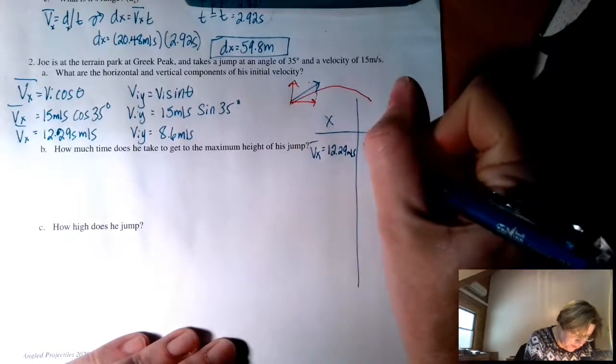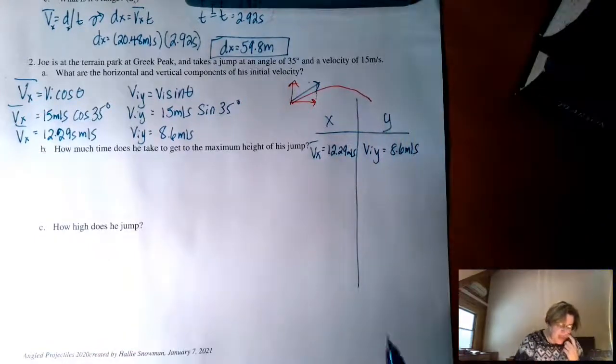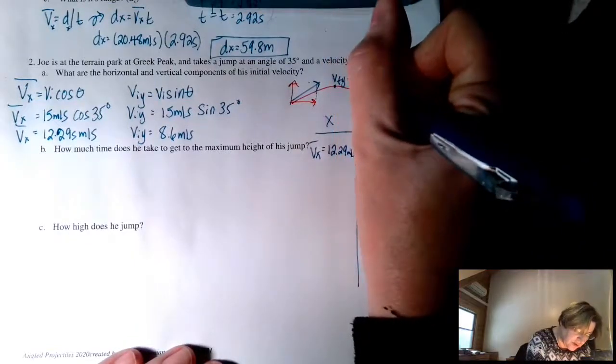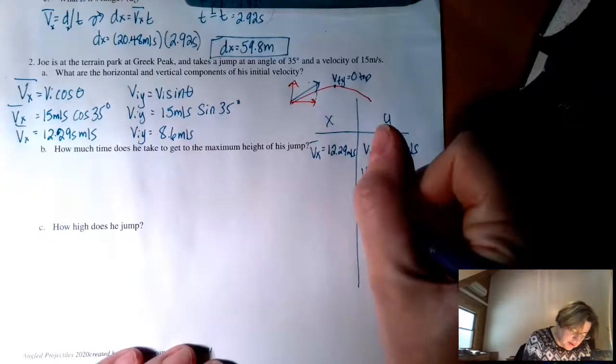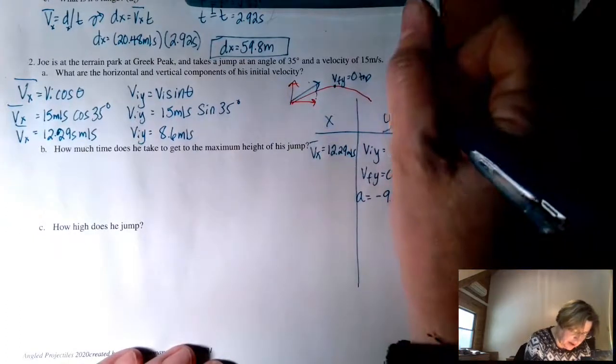Viy equals 8.6 meters per second. Same hidden information as before: the Vfy equals 0 at the top. And acceleration, since we're near the Earth, is negative 9.81 meters per second squared. And again, I'm going to make down my negative direction.